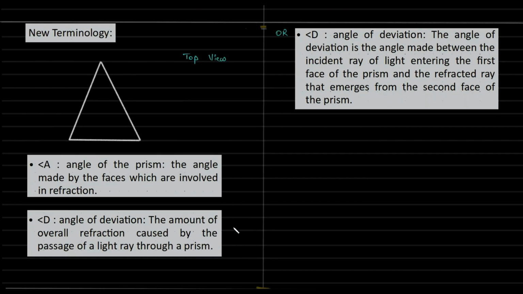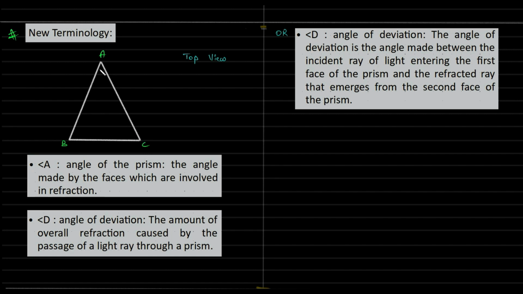Right? The new terminologies over here are angle of the prism and angle of deviation. So angle of prism is to do with the angle between the incident face and the emerging face. What I mean is, light fell on say AB. It came out through AC.